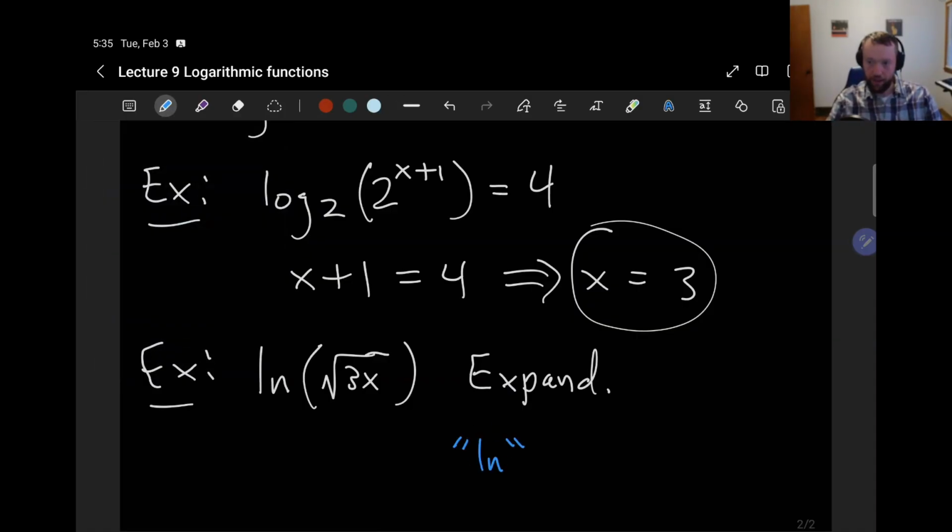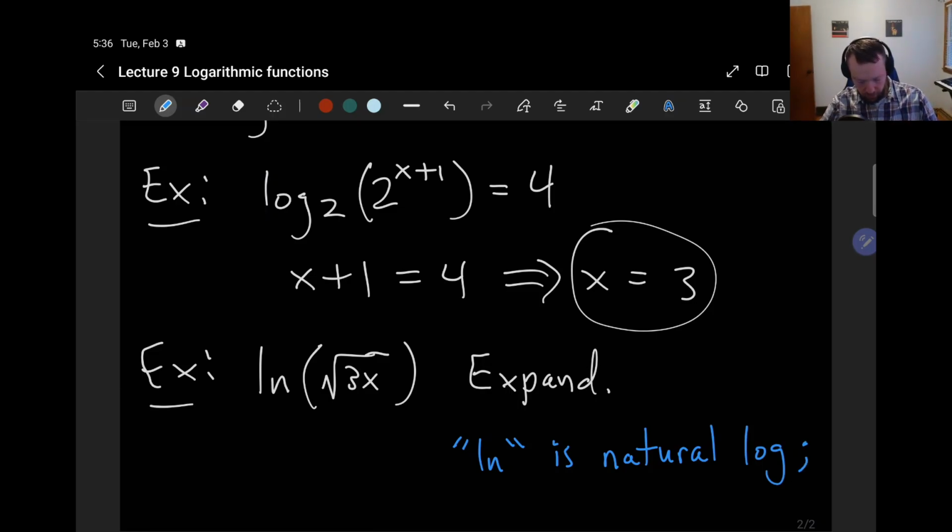When we say ln, this is just a special logarithm. We call this the natural log, or the natural logarithm. And this is literally log base e.